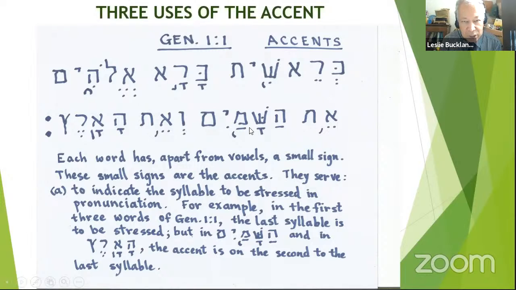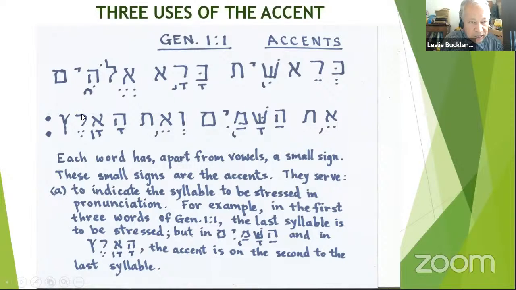But in Hashamayim, the accent is on the syllable immediately before the last syllable. And the same thing is true with this final word, haaretz.